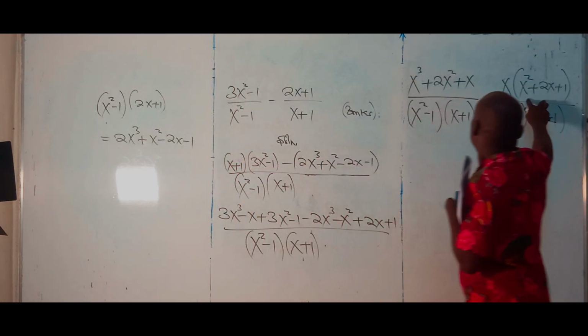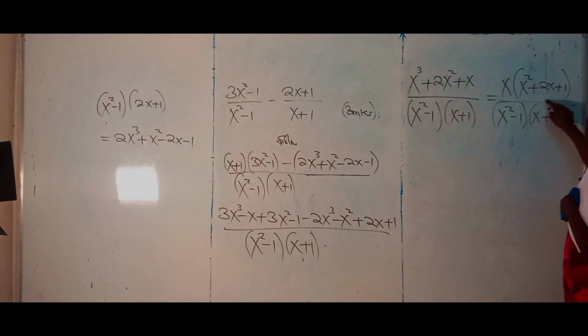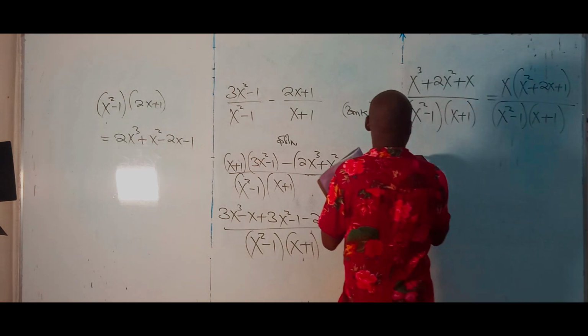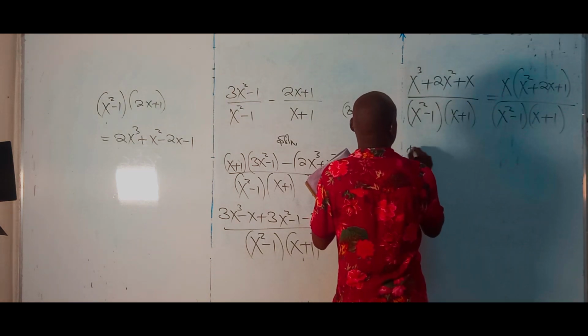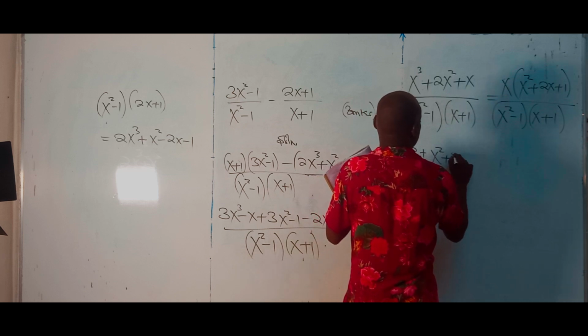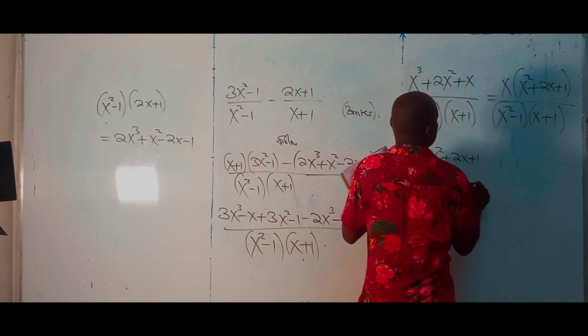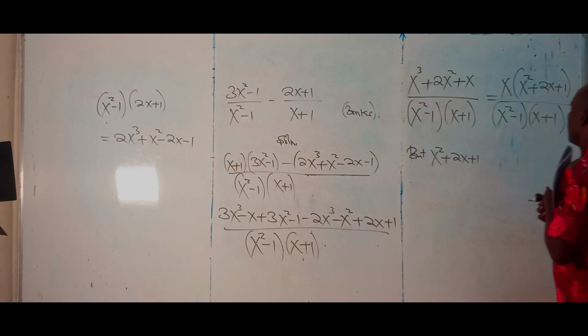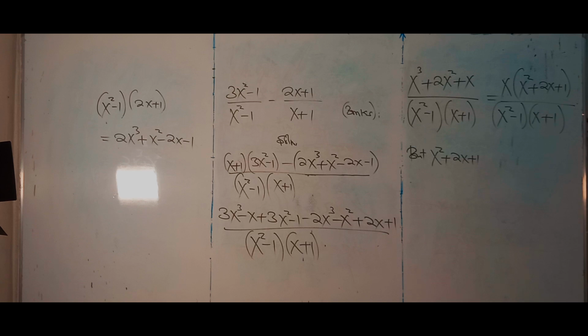Whatever is in the bracket, I can still factorize. x squared plus 2x plus 1 simply means that I'm looking for two numbers whose product is 1 and sum is 2.